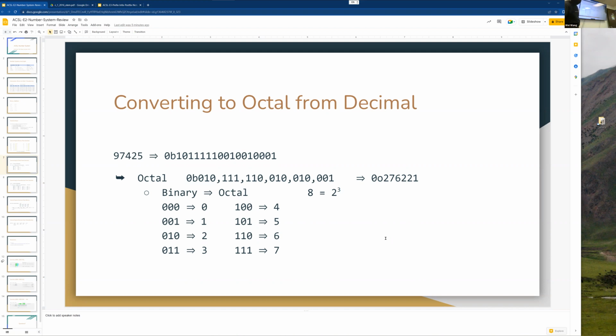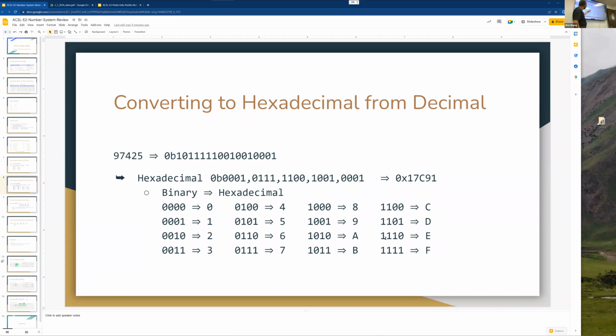And then you can segment the same binary number into 4-bit segments, and then you use this conversion table to convert it into a hexadecimal number, which is 17C91, quite easily, right? Also here, 0x is the marker for hexadecimal numbers in computers. Okay.